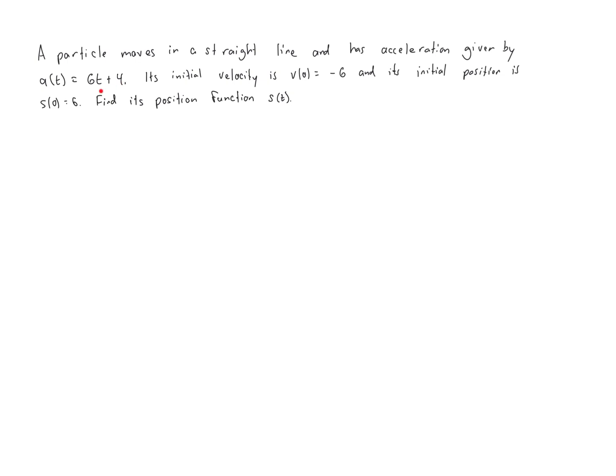Okay, we're given the acceleration function, and we know that the acceleration is the derivative of velocity. So that means if we want to find the velocity, we have to take the antiderivative. So let's figure that out. The velocity is going to be the antiderivative of acceleration. Well, the antiderivative is 6t.